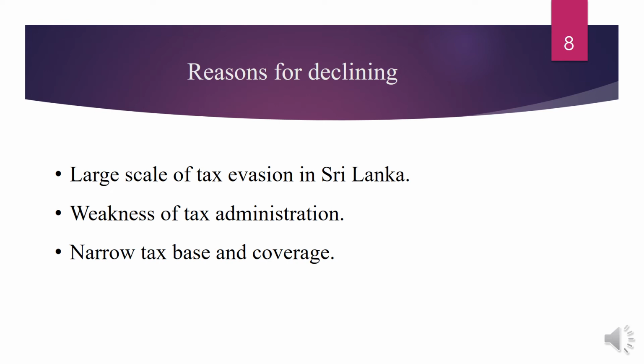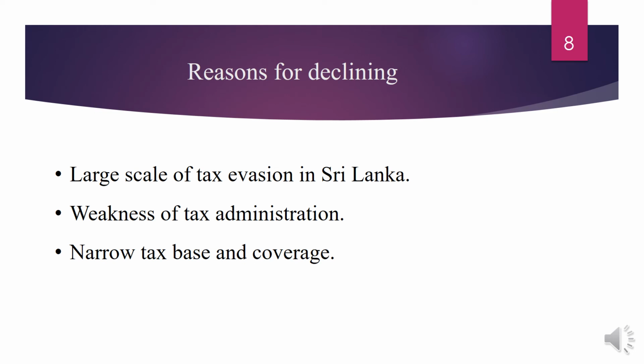Weaknesses in the tax administration. Sri Lanka loses around 300 million rupees a day due to such illegal activities. The Presidential Tax Commission should closely monitor such fundamental incidents and take appropriate actions. Narrow tax base and coverage.